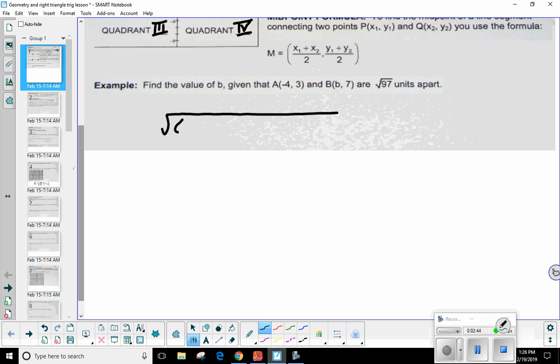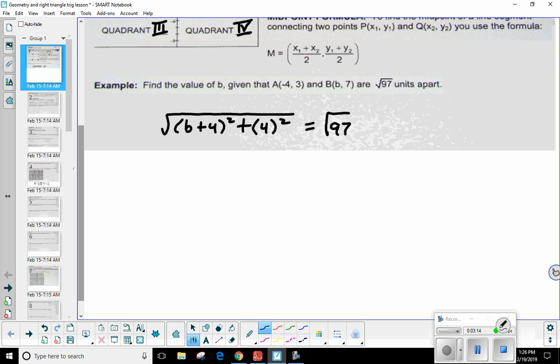So let's say b, what would it be? Subtracting a -4. So +4. So b plus 4 squared, okay, plus now we want the difference of the y's, so 7 minus 3 would give me 4 squared. Now in order to set up the equation so that we can work backwards, I'm going to set this equal to the distance that we're told the points are from each other in the coordinate plane.